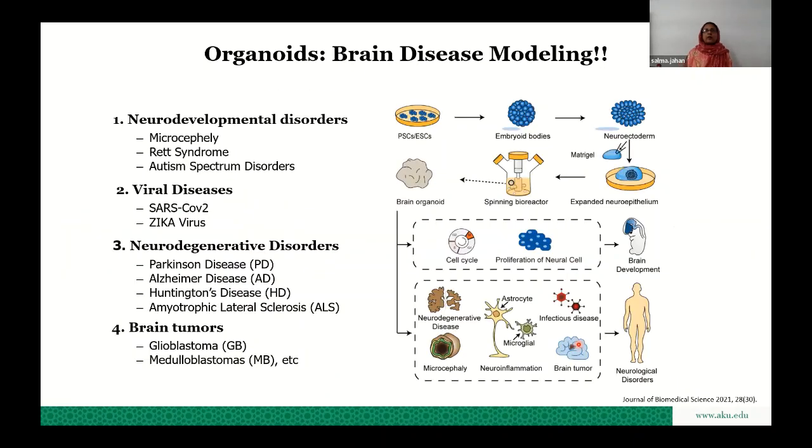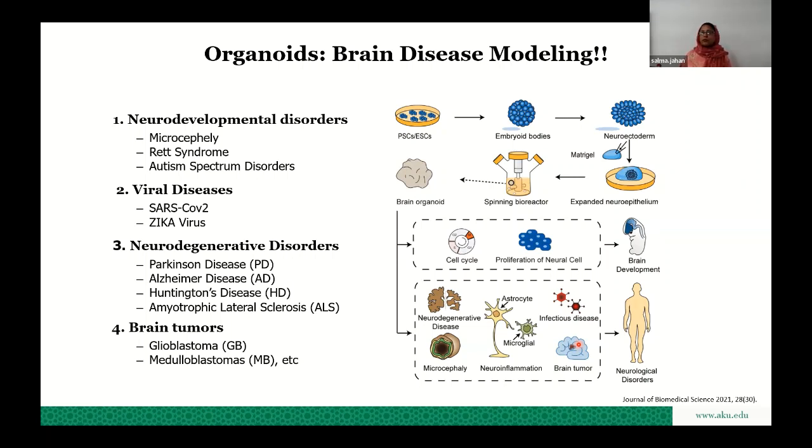So I'm going to talk about the different diseases, as I mentioned earlier. Some are neurodevelopmental disorders. You can study viral diseases caused by different viruses, such as the Zika virus. A few years ago, a big group in Brazil first studied the effect of Zika virus using the organoid model system.